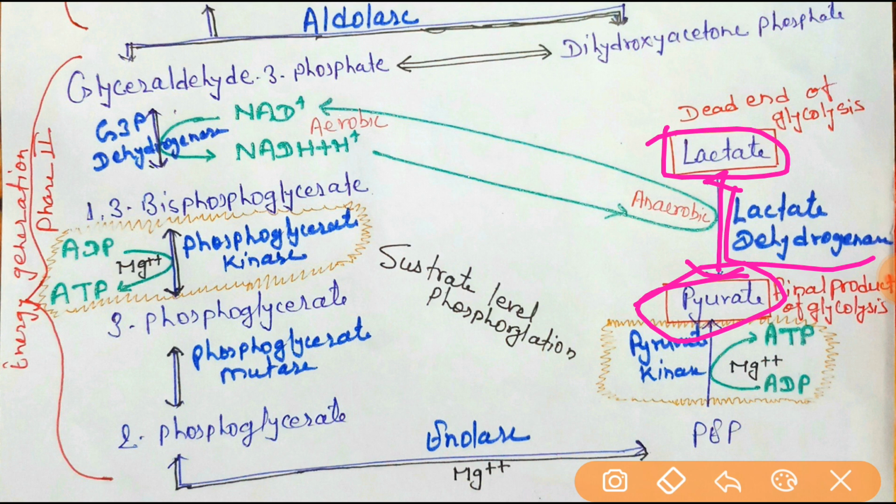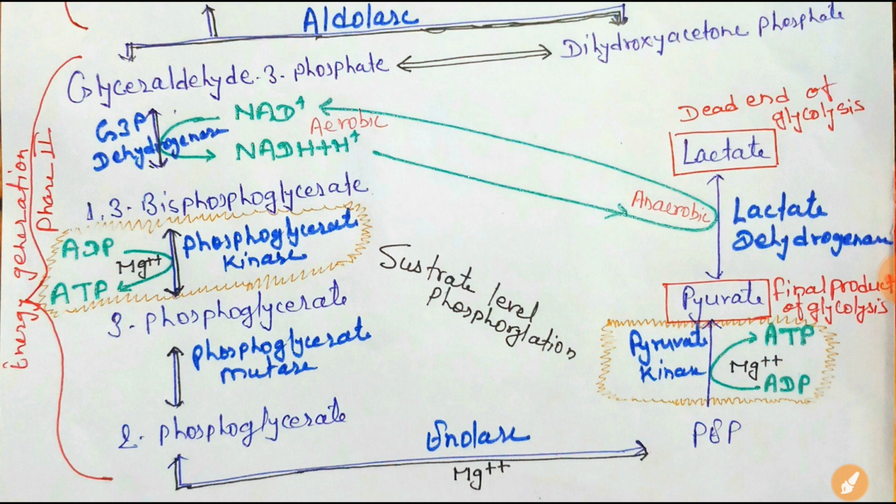The question is asked: what is the dead end of glycolysis and what is the final product of glycolysis? So don't be confused. Pyruvate is the final product, while lactate is the dead end of glycolysis.